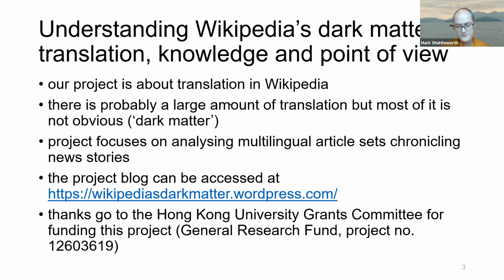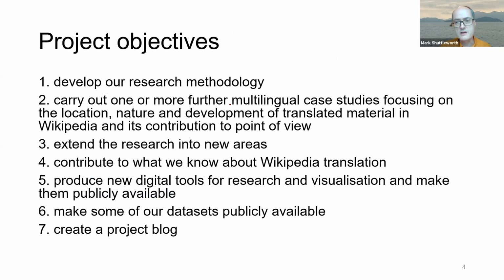So what we're setting out to do in the project, in a slightly abbreviated form, these are the project objectives. My interest in Wikipedia translation has gone back a number of years. We've done this before manually, which is not easy: identifying translated material manually in Wikipedia.